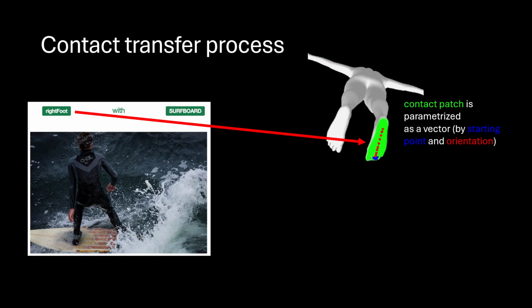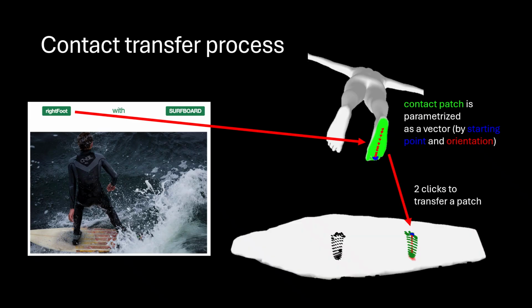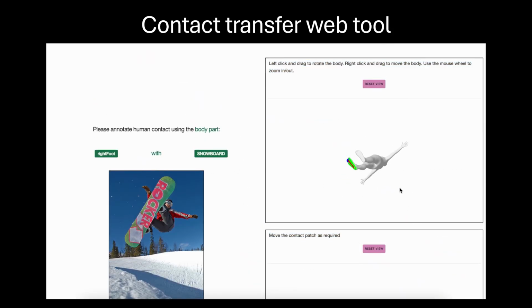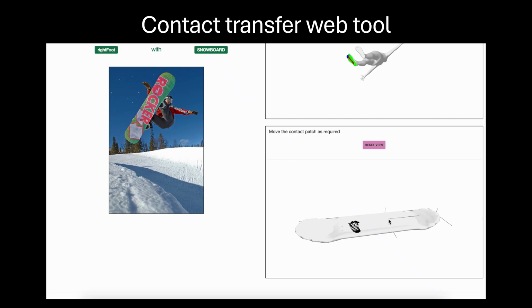Since every patch vertex can be fully parameterized with its contact axis, transferring body contact patches onto an object boils down to transferring its axis. This requires just 2 clicks, one for the axis start location and one for its direction. We scale this approach for PICO-DB by crowdsourcing contact annotations via Amazon Mechanical Turk, using a custom-made interactive software tool.